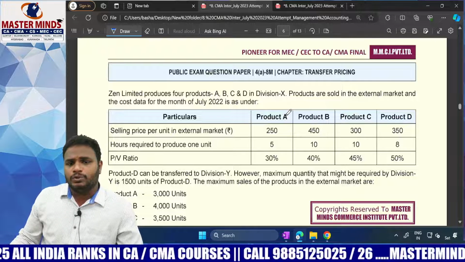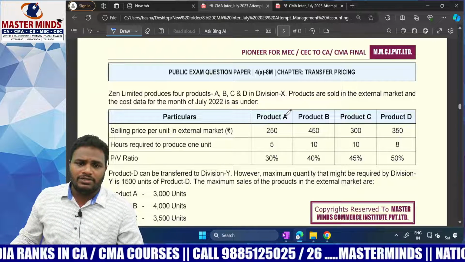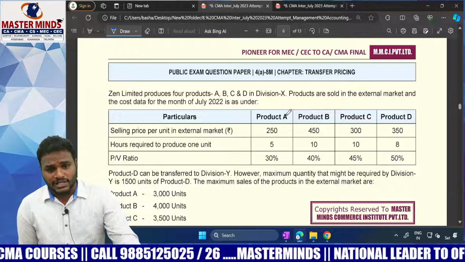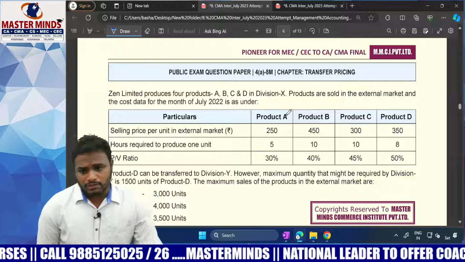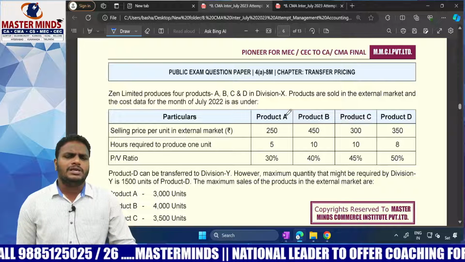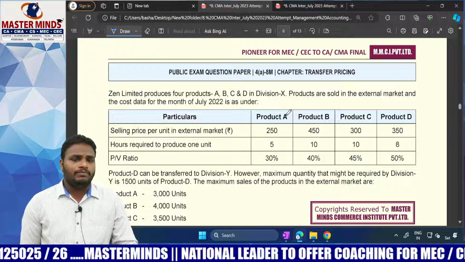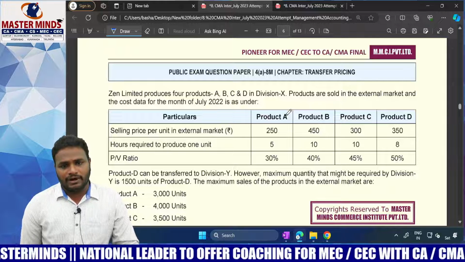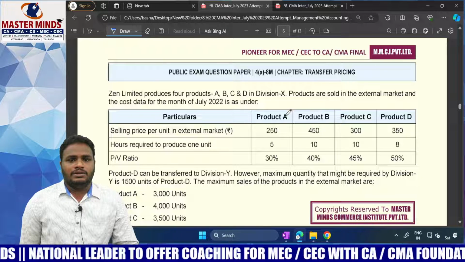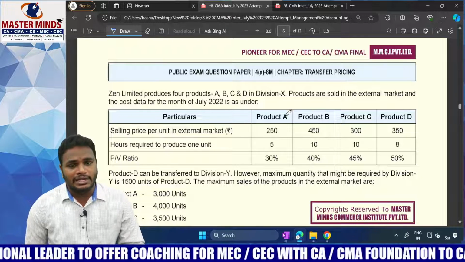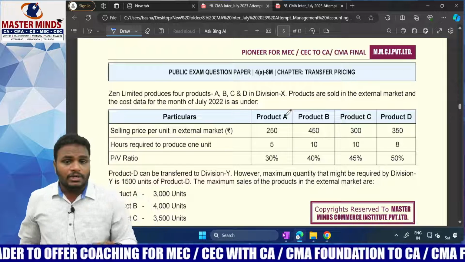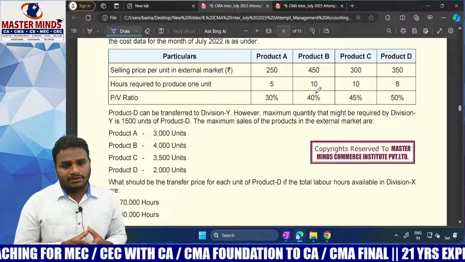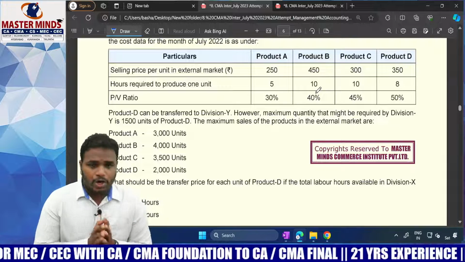Hours required to produce 1 unit are 5 hours, 10 hours, 10 hours, 8 hours. PV ratio of product A is 30%, product B 40%, product C 45%, product D 50%. Now product D can be transferred to division Y. However, the maximum quantity that might be required by division Y is 1500 units of product D.